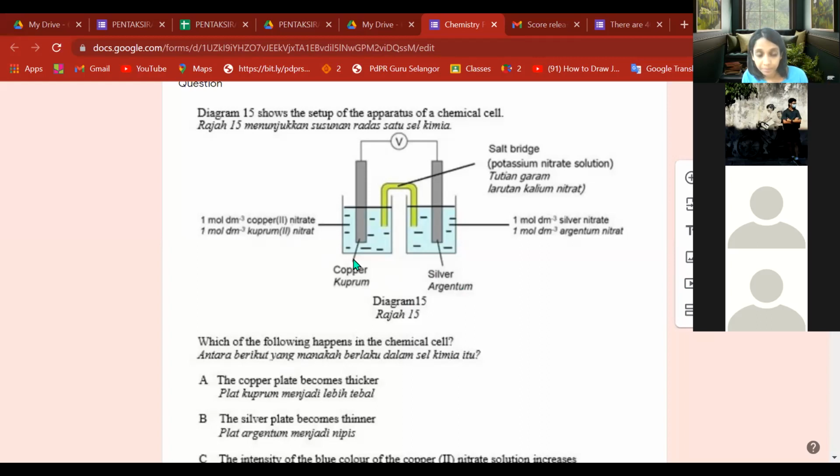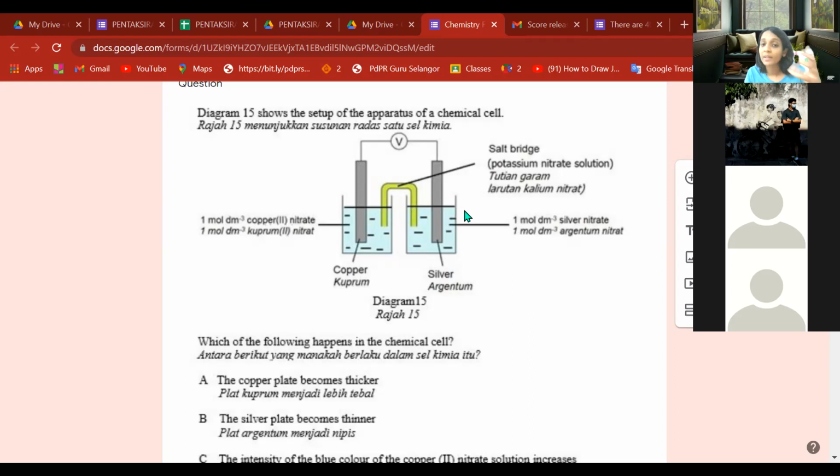Teacher, do you have to memorize these? No, they will give in the exam, but this one they don't give, so you should already know. Like ECS, they will never give you in an exam before this, but you must already know the position. Copper is always higher than silver.